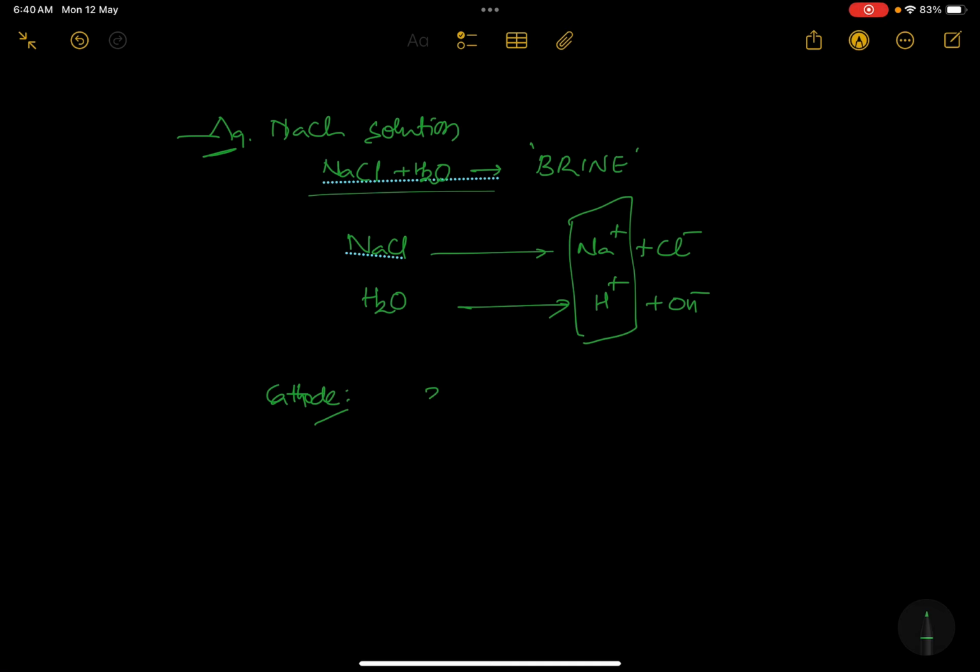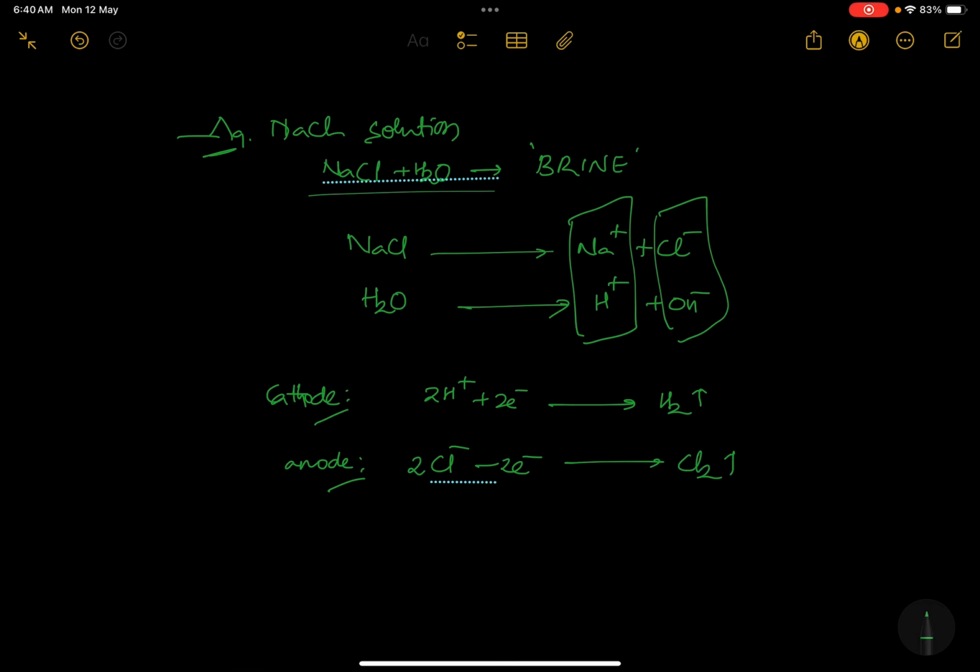But of these, hydrogen goes first and gains an electron and becomes H2. Among the anions, chloride goes first, loses electrons and becomes Cl2. What happens in the rest? Na+ and OH- are remaining in the solution, and they join to form sodium hydroxide.